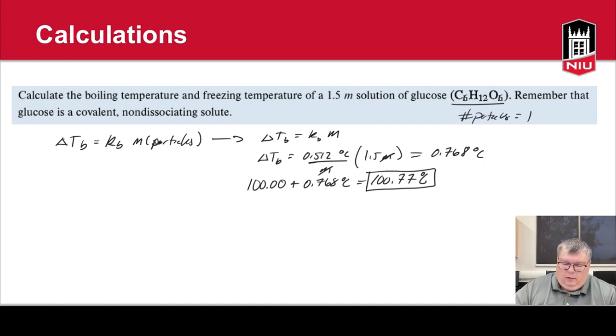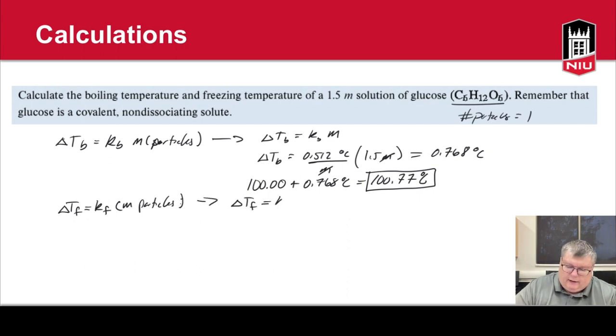Okay. Then we're going to do the same thing with our freezing point. Delta TF equals KF times M of the particles. But that becomes simply delta TF equals KF times M, since the number of particles is 1.